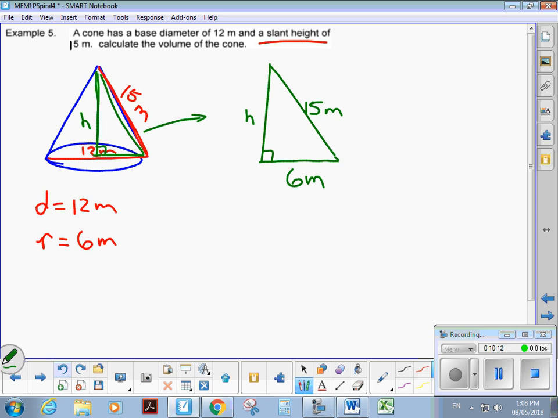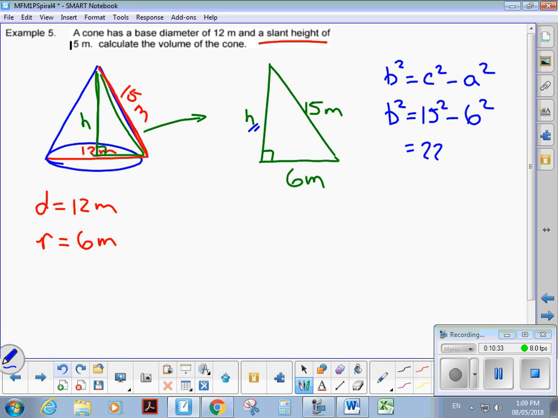All right, so using the Pythagorean theorem, we're looking for a missing side. It would be b squared equals c squared minus a squared. So b squared equals the hypotenuse squared minus the shorter side squared. Remember, you have to do the squaring first.